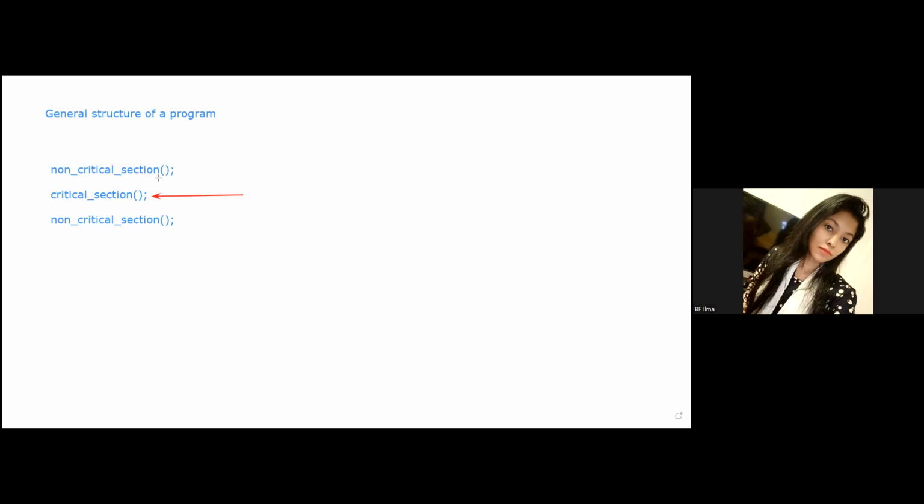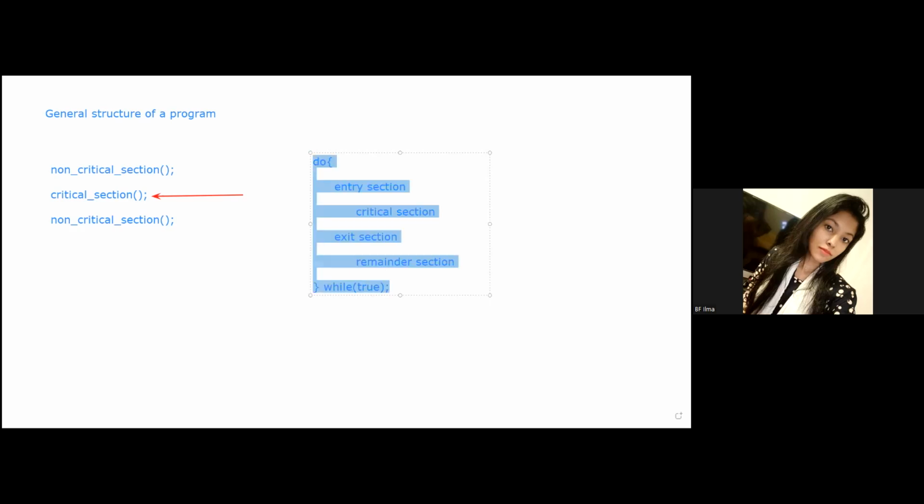Now when we consider the general structure of a process, we can write it in this way as well. We have the entry section, then the critical section, exit section, remainder section, and then while true.